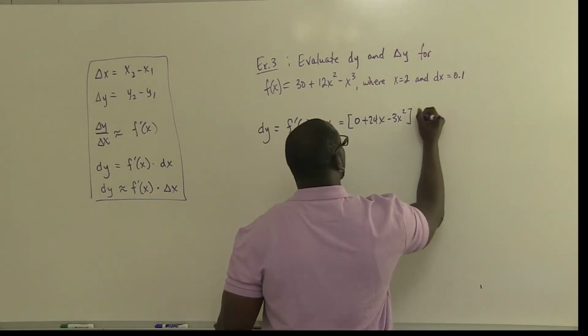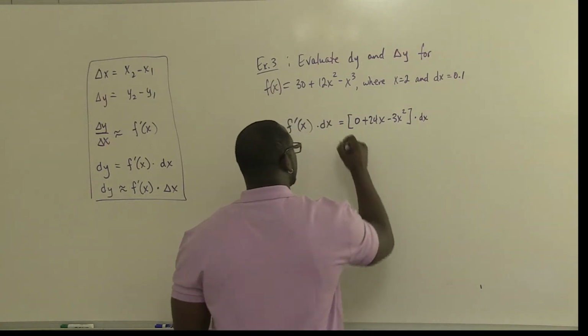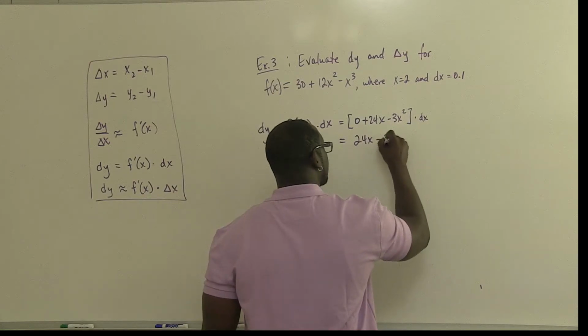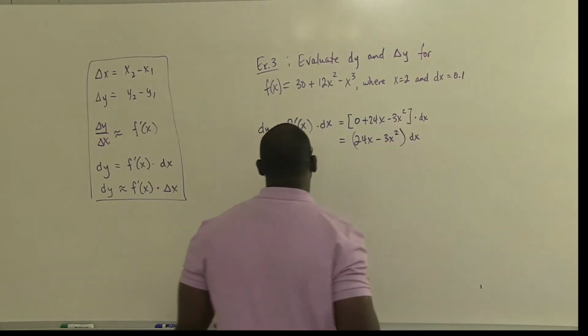We have all that times dx, which if we simplify, ends up being 24x minus 3x squared, all that times dx.